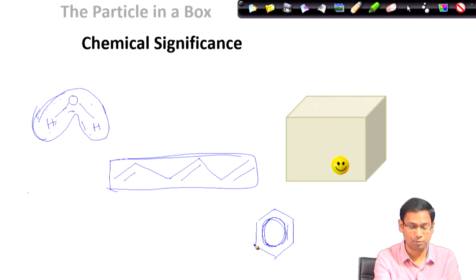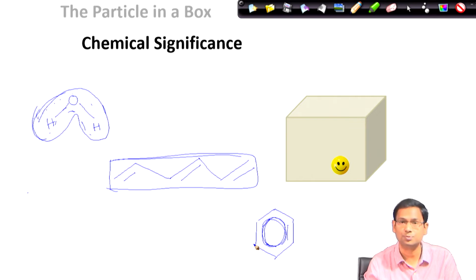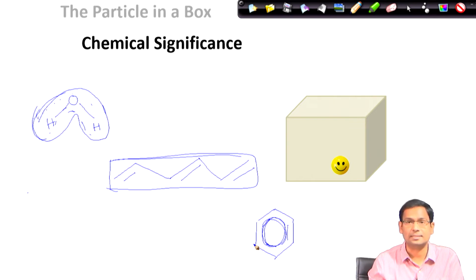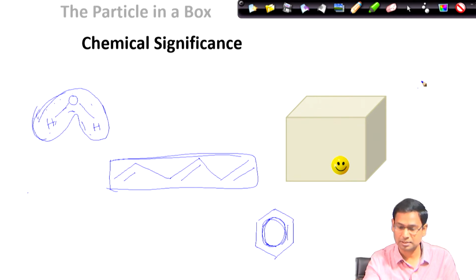You can see that from one molecule to another, the shape, the size, the dimension of this box changes, but the bottom line is the same: we have some particles, by that I mean electrons, trapped in the nuclear environment. So, this is what we mean when we say particle in a box. All right.